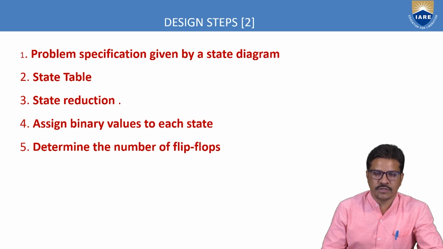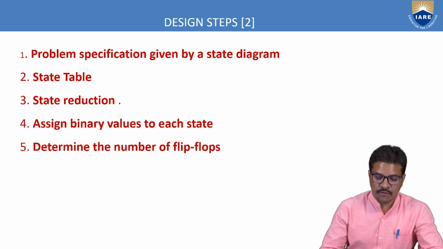By considering inputs we can create the next state, and then the output. Then, if there is any requirement for state reduction, where some states have redundancy in the columns, we have to reduce those states using state reduction.